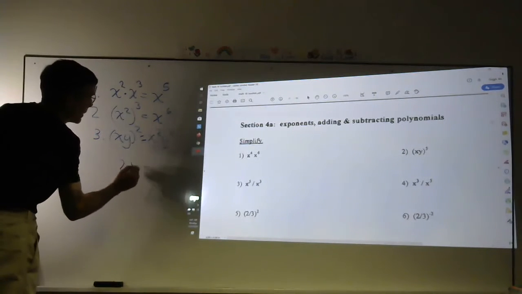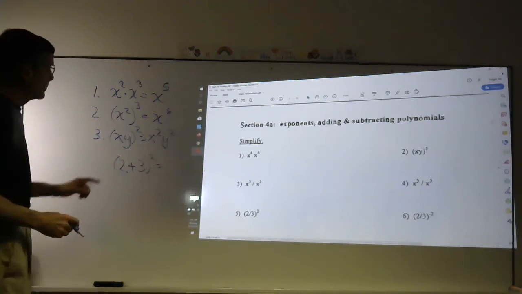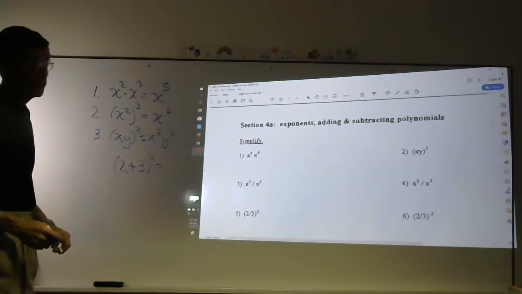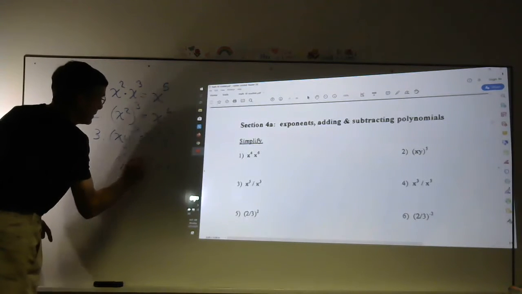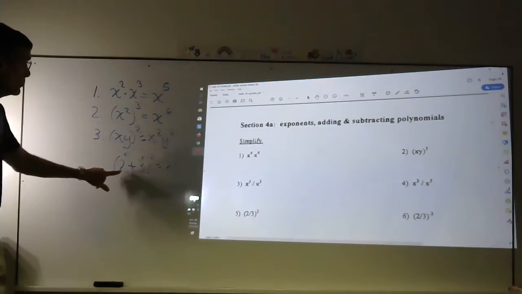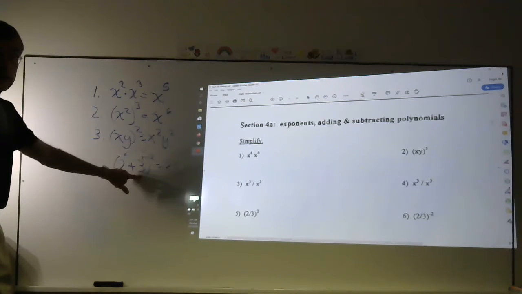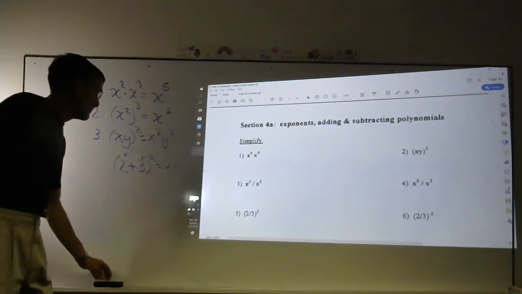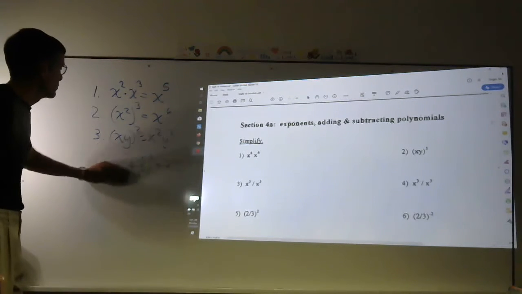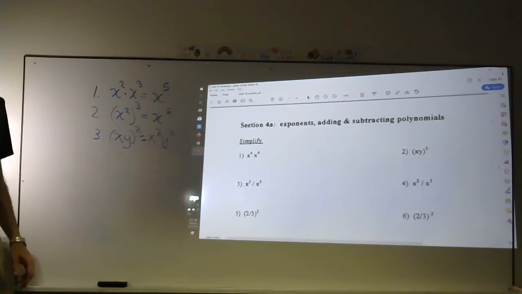What if it is 2 plus 3 squared? Can you take the power in? Well, let's check it. 2 plus 3 is 5. 5 squared is 25. We know the answer is 25. If you take the power in, you're going to get 2 squared is 4, 3 squared is 9. 4 plus 9 is 13. I don't think so. Okay, so rule 3 only works if it is multiplication or division.